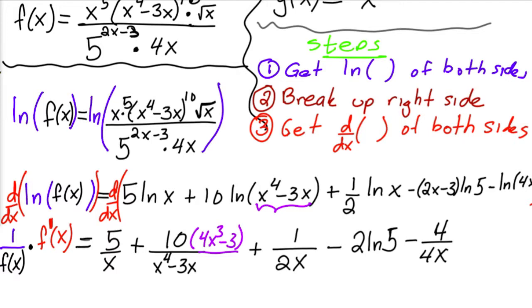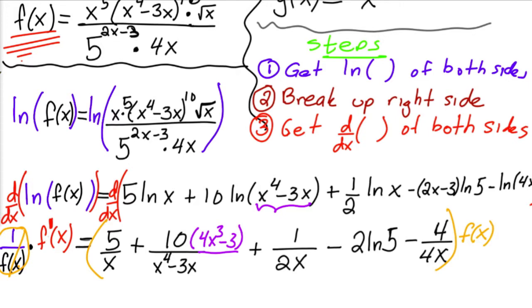Well, that's what I was looking for. I was looking for the derivative of the original function, which is this guy. The only thing in the way is this f of x here, but all I need to do is multiply both sides by f of x, and that gets rid of that f of x here.